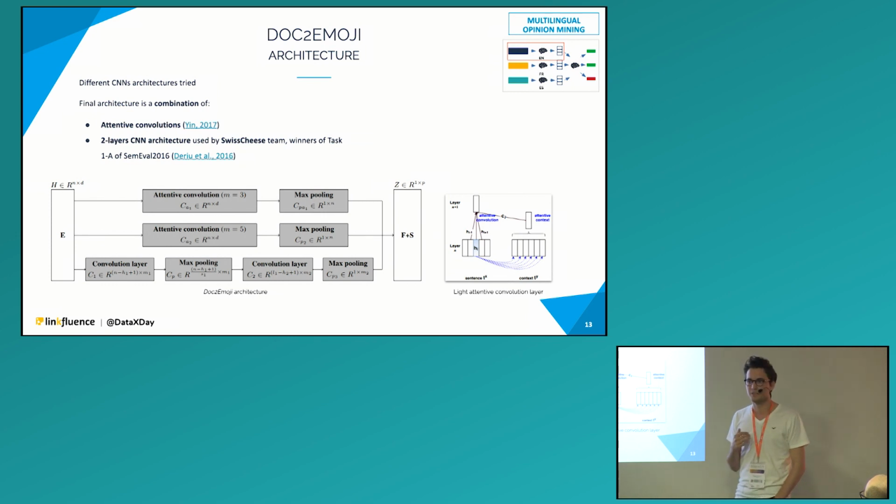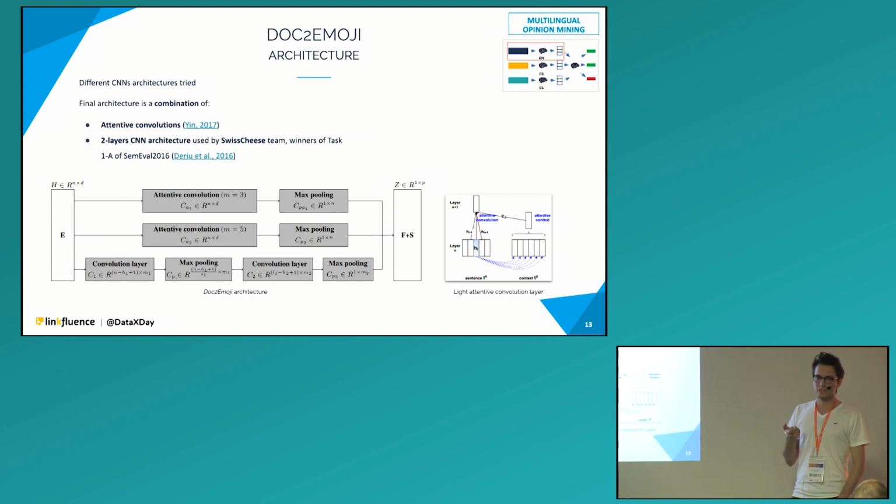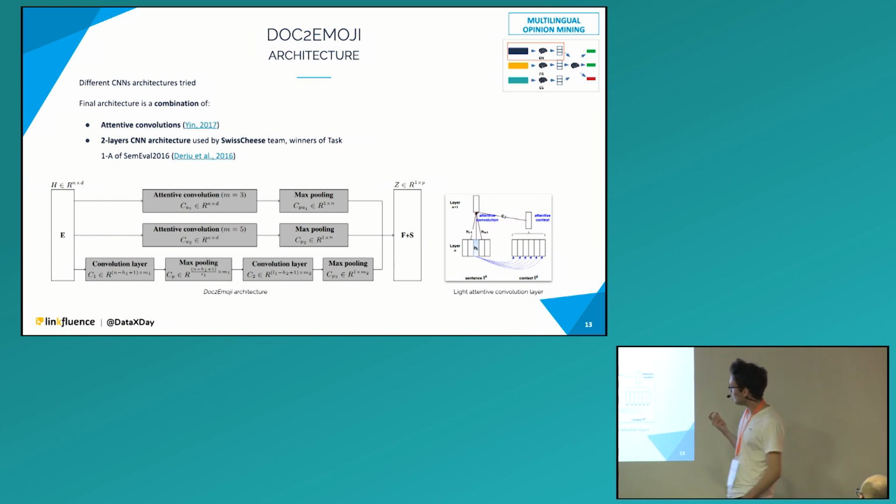It's an NLP competition. And so here is the model. I won't go into details for the attentive convolution architecture, but it's kind of adding an attentive context vector into your convolution operation.